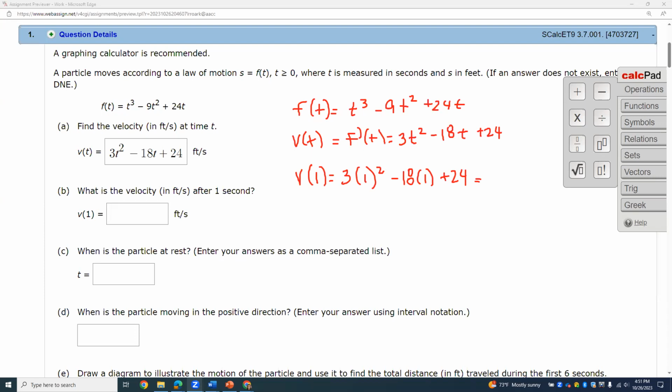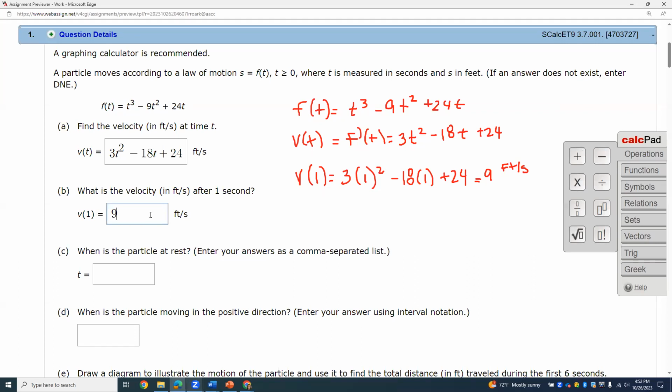And I think that comes out to be 9. So that's nice. This would technically be 9 feet per second. So be on the lookout, making sure that, on a test or something like that, we're always labeling the units for these type of problems.